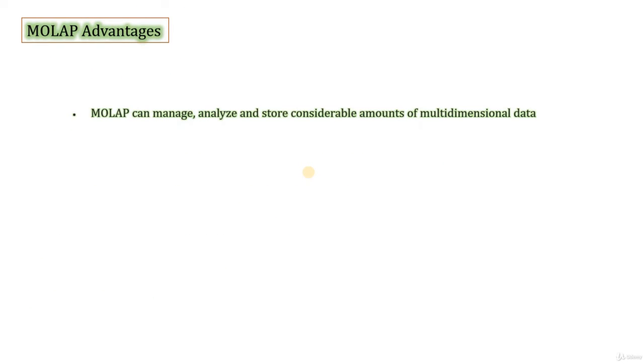MOLAP can manage, analyze, and store considerable amounts of multidimensional data. A quick example: sales data can be stored at various levels such as geography, time period, sales range, product model, etc. The second MOLAP advantage is fast query performance due to optimized storage, indexing, and caching.